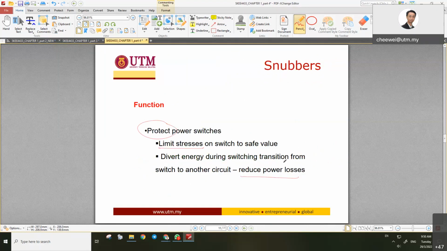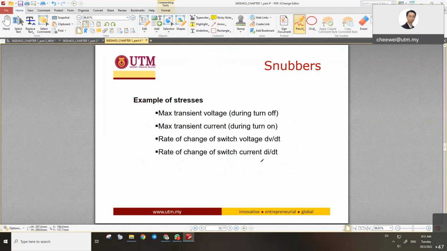So just now we said the snubber is used to reduce the stress, to limit the stress. Stress here actually refers to what? Voltage level. Bring down the voltage level or current. Examples of stresses: maximum transient voltage, maximum transient current, rate of change of switch in terms of voltage and current. Rate of change like this, or like this.